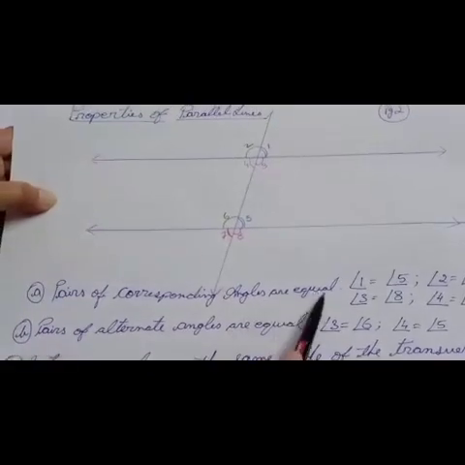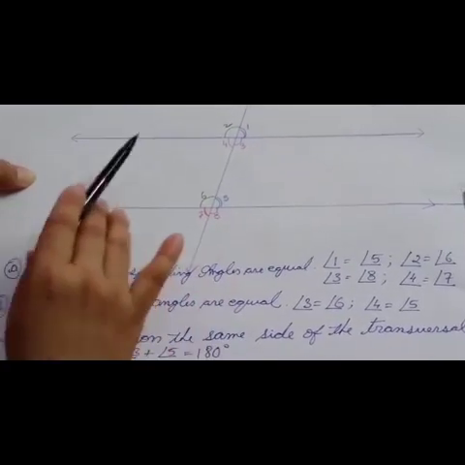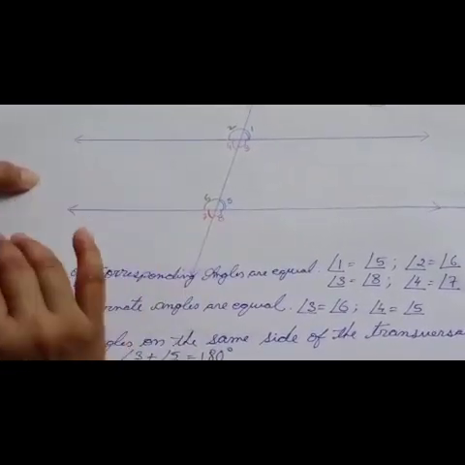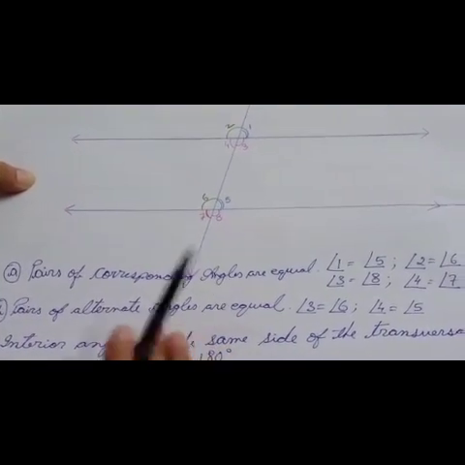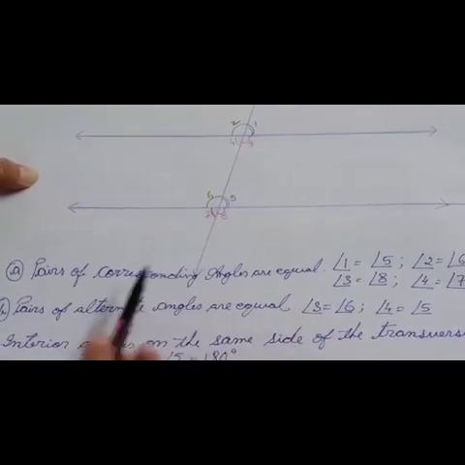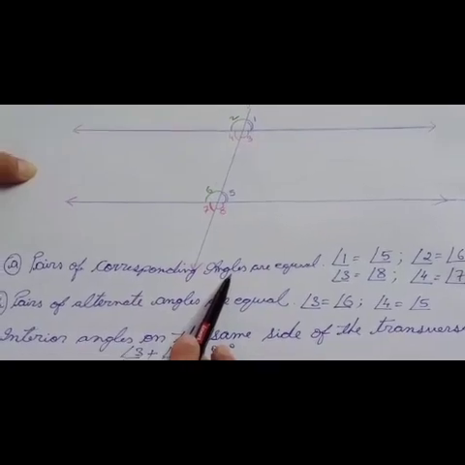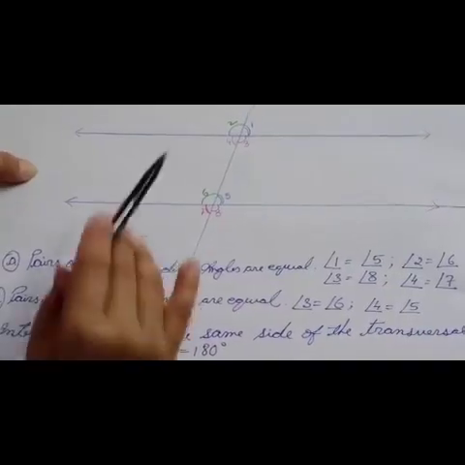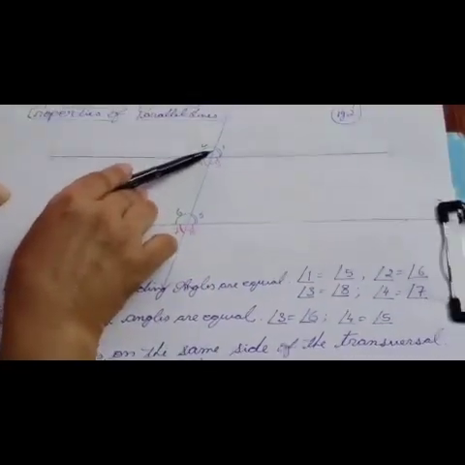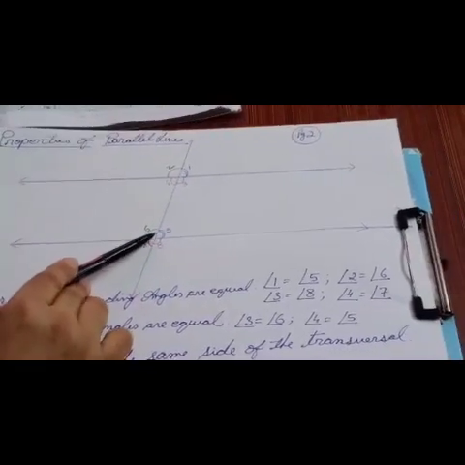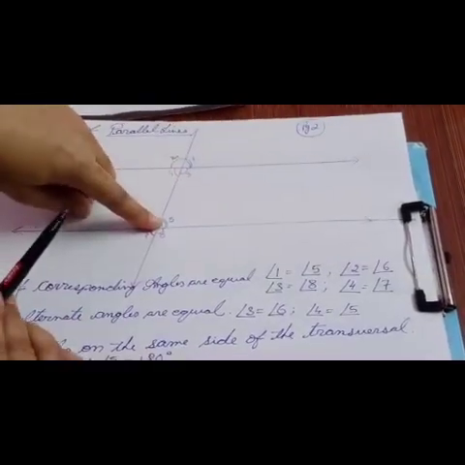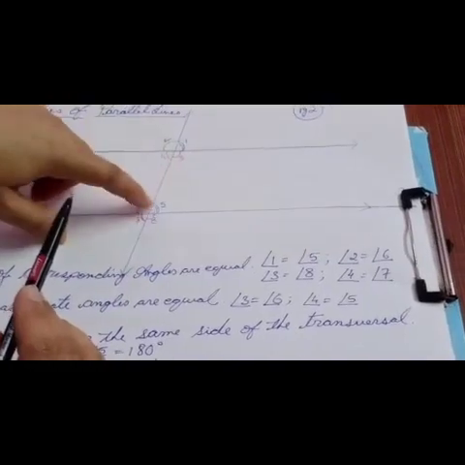Pairs of corresponding angles are equal. Now what are corresponding angles? Angles which do not form a linear pair and which are on the same side of the transversal, one exterior and one interior. Look here children, angle 1 is equal to angle 5, one exterior, one interior.